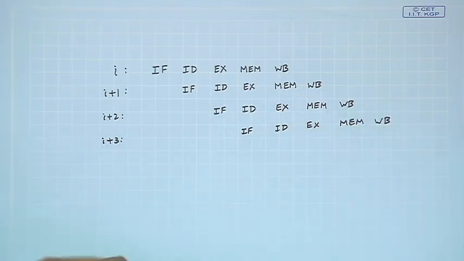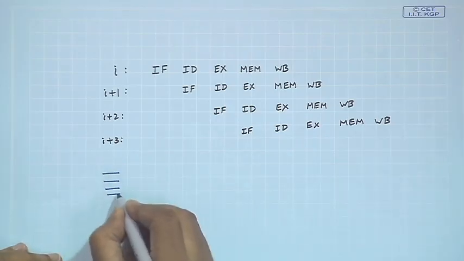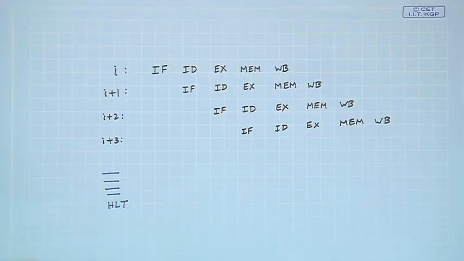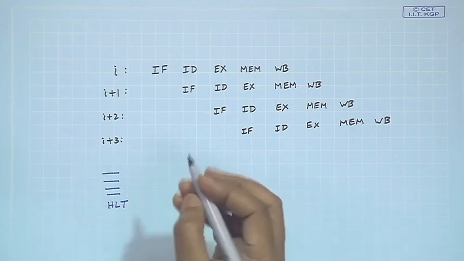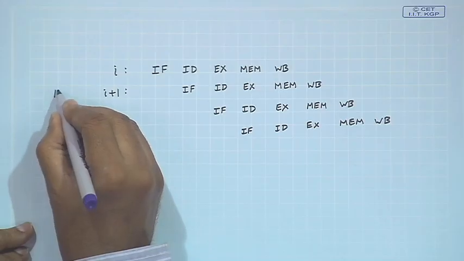Now, let us suppose that we have a sequence of instructions that we have written, and the last instruction is a halt instruction. When we execute halt, the machine is supposed to stop. Let us assume that instruction I plus 1 was the halt instruction.